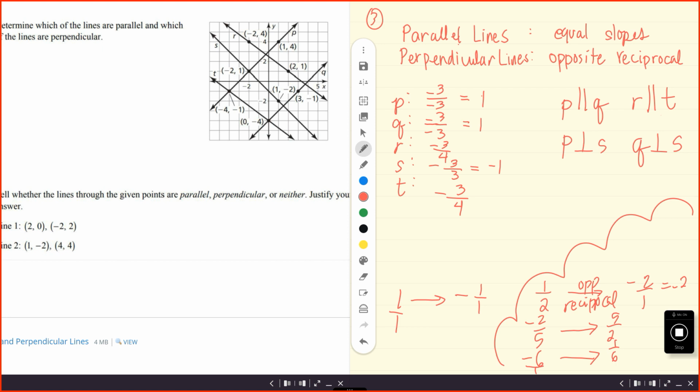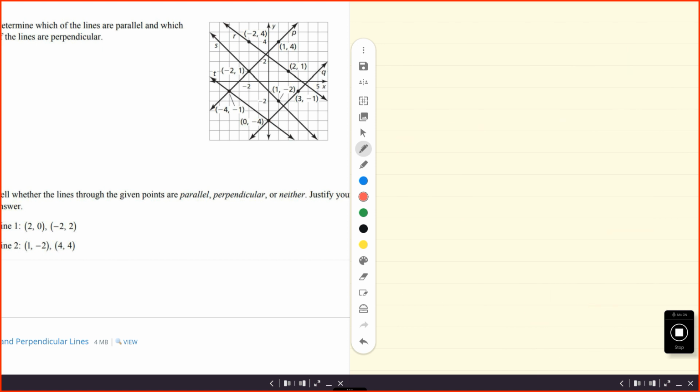We have to know whether line 1 and line 2 are either parallel, perpendicular, or neither parallel nor perpendicular. Now how will we do that? Let me erase this one. So we have line 1 with those 2 points, and then you have another line 2.